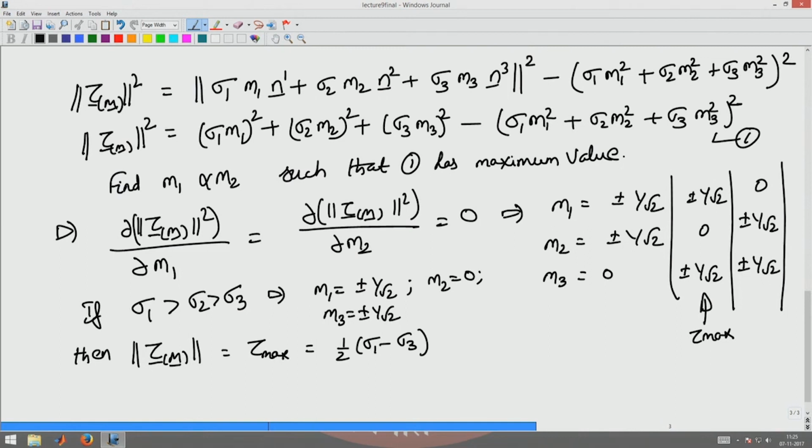Okay. In general, if I do not have these specifications, I will write tau max as 1 half maximum of absolute value of sigma 1 minus sigma 2, absolute value of sigma 2 minus sigma 3, absolute value of sigma 1 minus sigma 3.